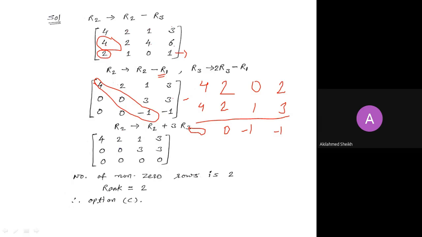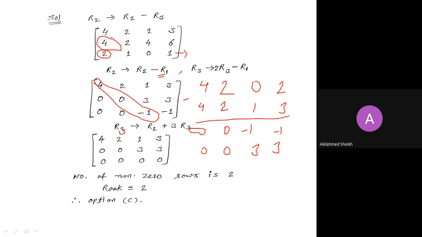and we operate on R3. So what happens? R2 as it is is 0, 0, 3 and 3. These are the elements of R2 plus 3R3.